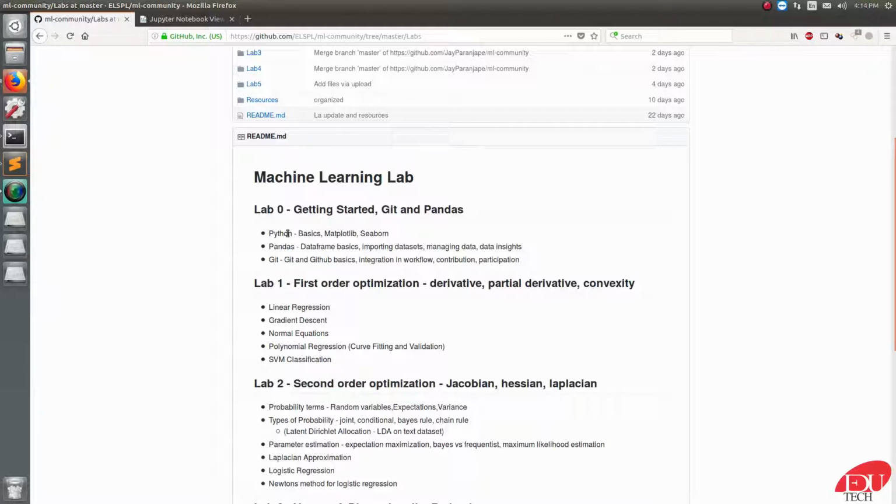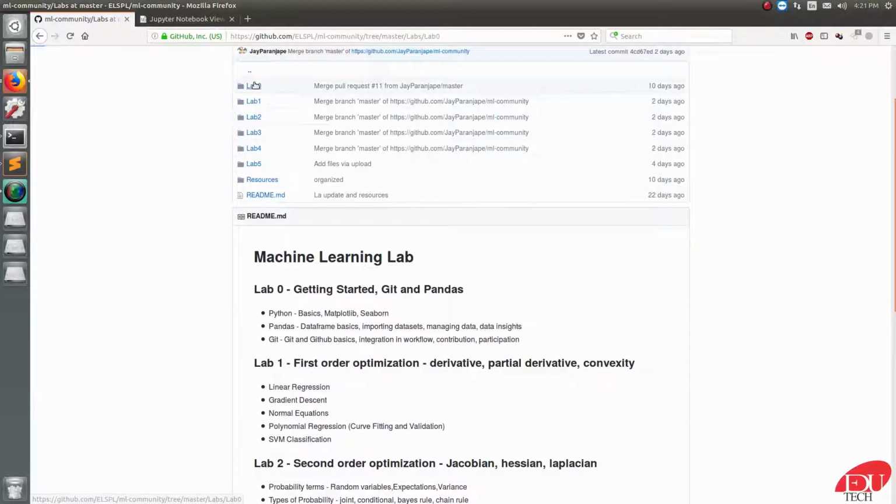So lab 0 is about Python basics. It's about important Python libraries like matplotlib and seaborn for visualization, numpy for working with arrays. There's pandas for data frame basics and working with data, and of course there is information about Git, since as a contributor you must know Git and GitHub basics and how you can contribute.